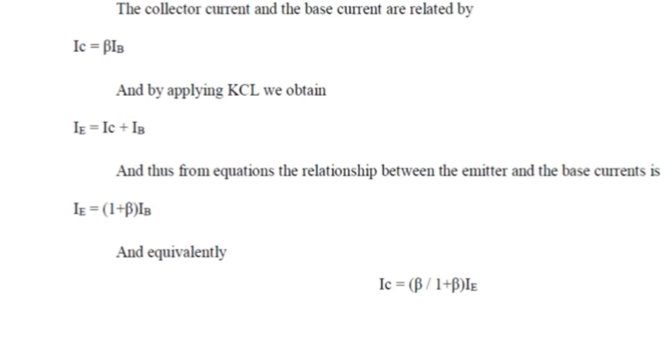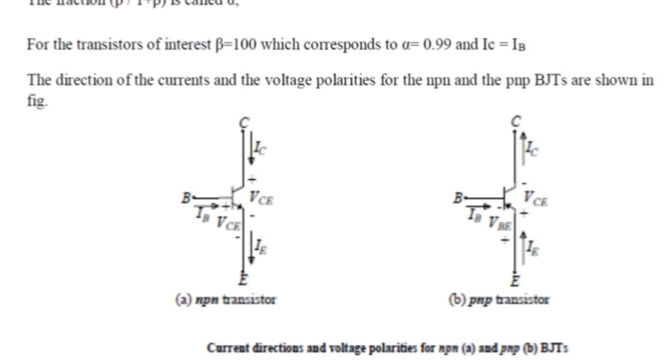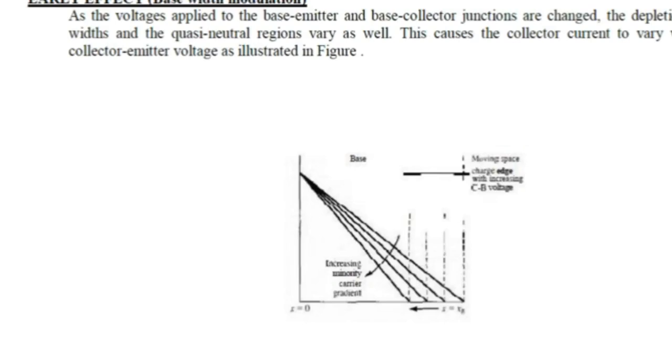Since IC is equal to beta into IB, you can substitute the value. So IE is equal to 1 plus beta into IB, and the fraction is also called alpha. Here, for example, beta equals 100 and alpha equals 0.99, and we know the current always flows from the emitter side.